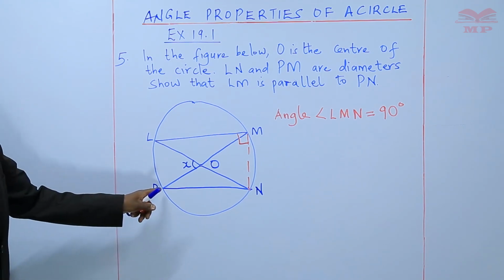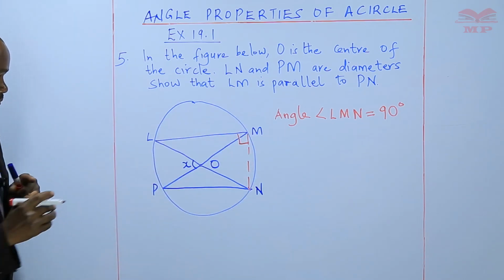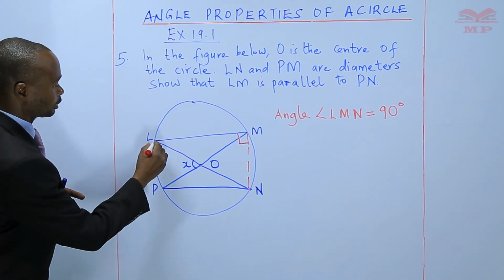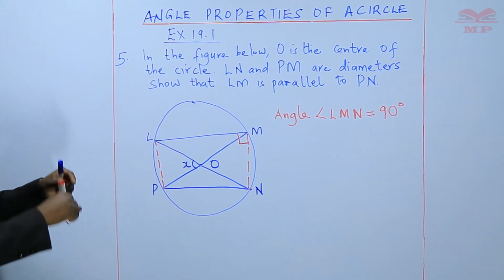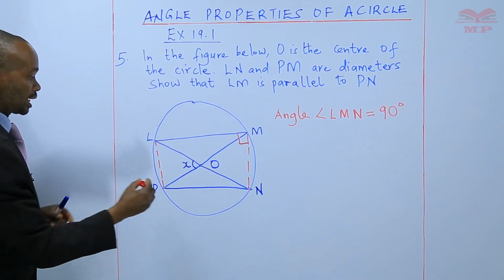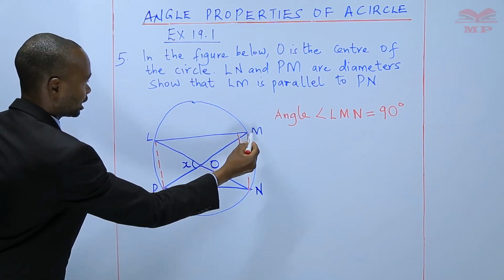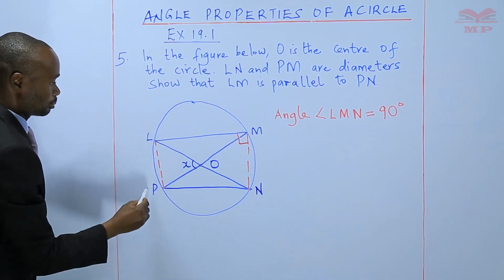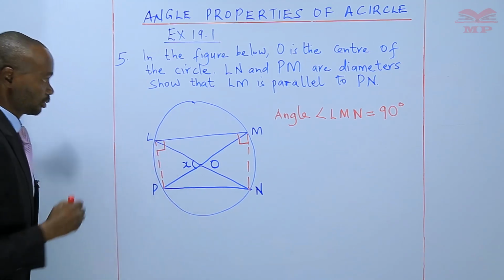Let's find other angles also. Let's consider also diameter PM. If we prolong this chord L to P, we'll find that diameter PM will subtend angle MLP, which will also be a right angle.